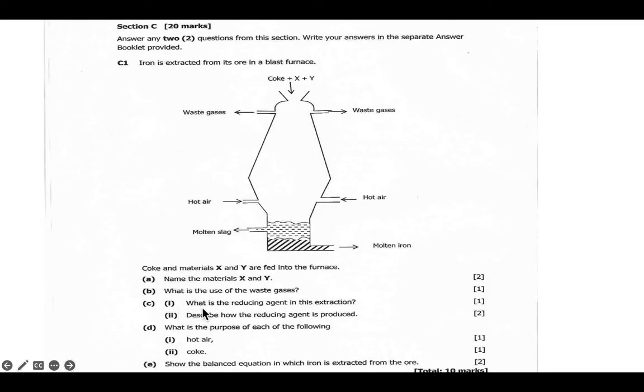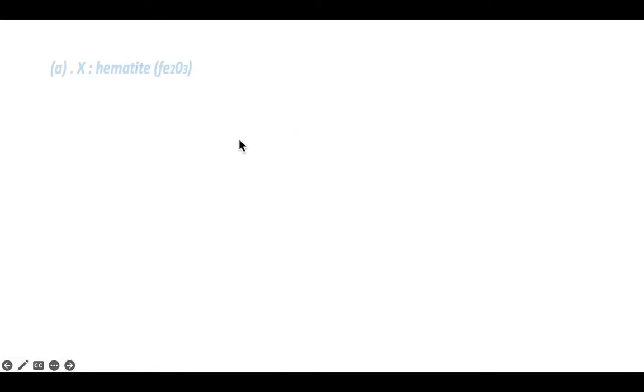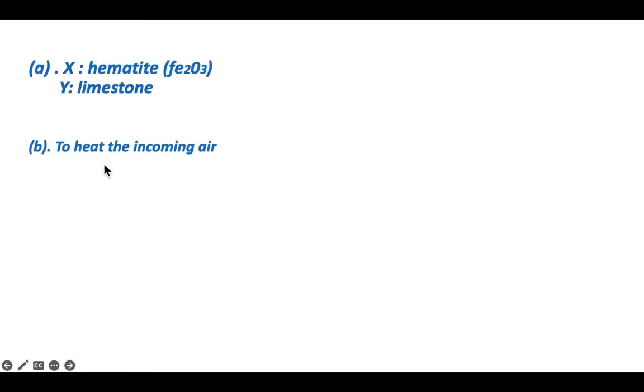And then on the other question, we have C1. What is the reducing agent for this extraction? Our reducing agent is carbon monoxide. So we use carbon monoxide for reduction. This substance is said to be a reducing agent.